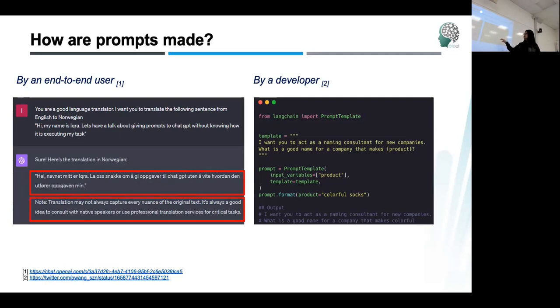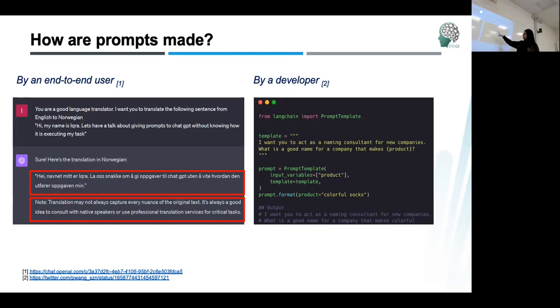But from the developer's perspective, I have taken this screenshot from LangChain just to show you how small the coding is getting. It has three basic things. You give a template, which is again the basic text that we give as an end user, and it has a variable in it that is changeable.